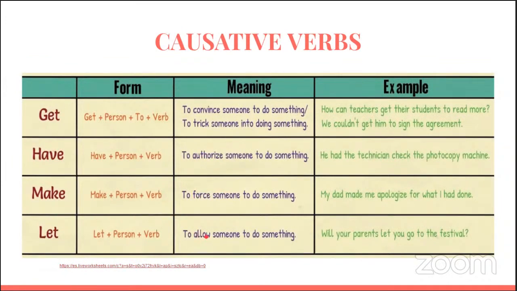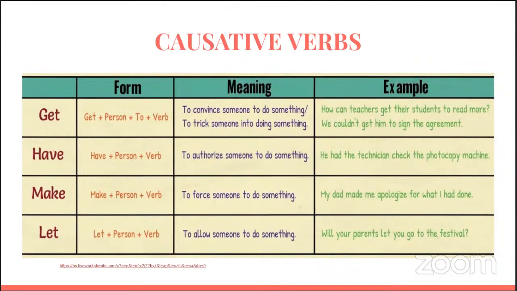What is the difference between let and have? Because allow and authorize are kind of the same. Oh, okay. Have is specifically to authorize, and the other one is basically to allow, to permit. You are allowing, but you're not authorizing. And what is the difference between allowing and authorizing?